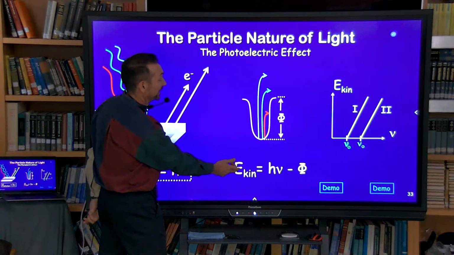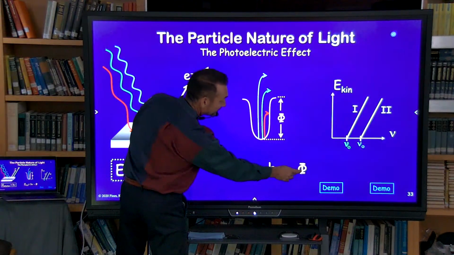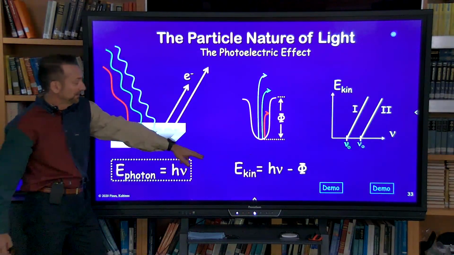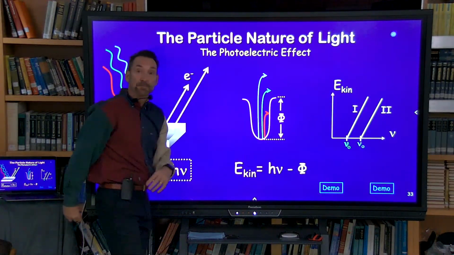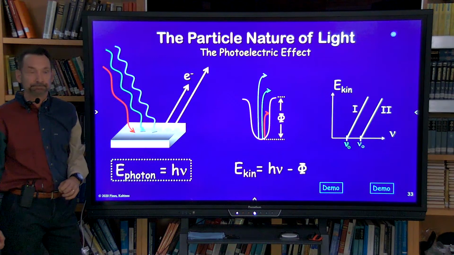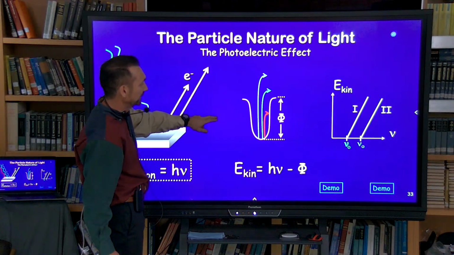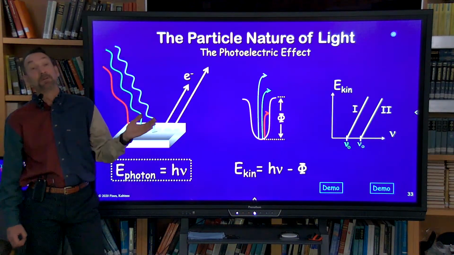No such thing as negative kinetic energy. But if the photon's energy is bigger than this, then you have some kinetic energy. And you can see it's a straight line. y equals mx plus b. The slope is Planck's constant. So that's a lovely experiment. And it's funny, not many people know this.